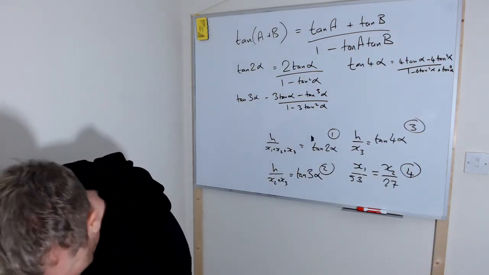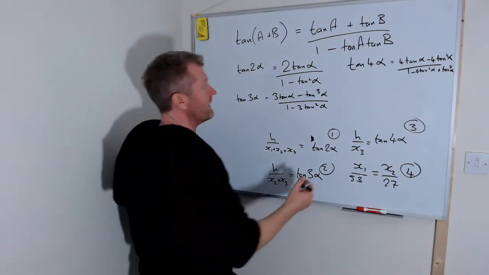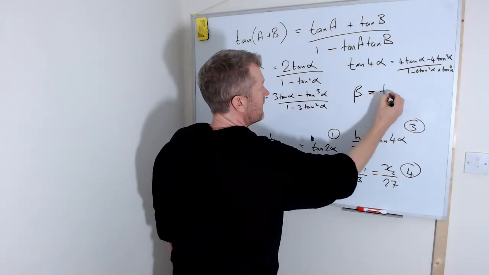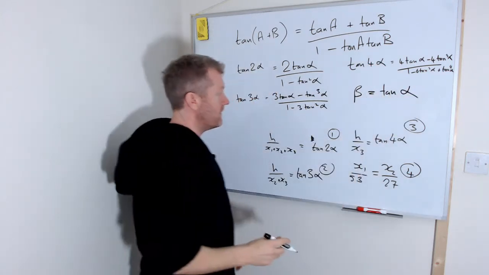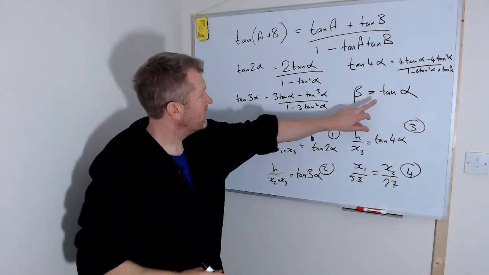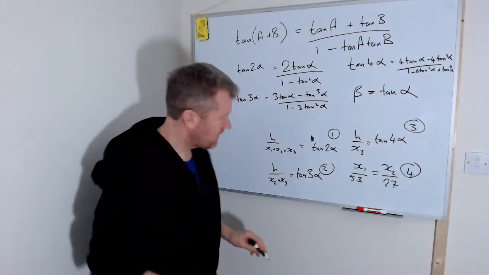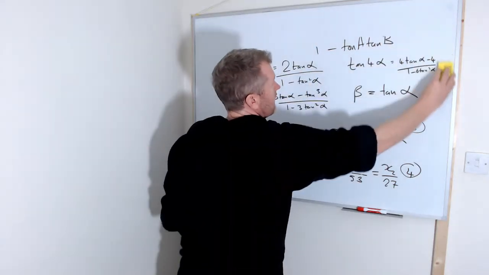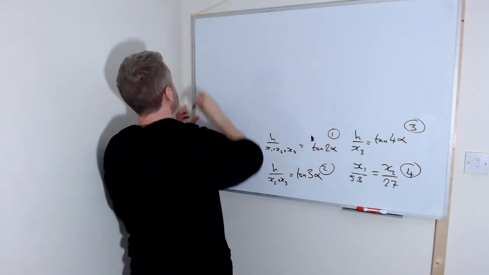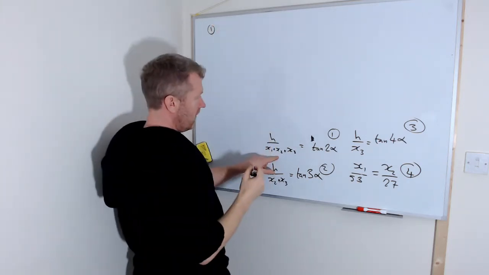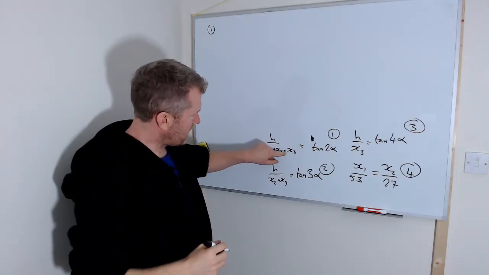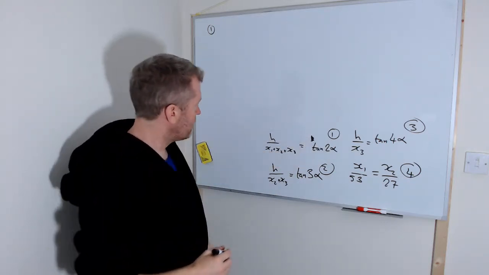So it gets pretty complicated. Rather than keep writing tan alpha out all the time, I'm going to set beta equals tan alpha, just so it's going to be a bit easier. And now I can rewrite all of these equations in terms of tan alphas, i.e. betas, which I will do now up here. Equation 1 is now, and also I'm going to split these up in a minute, so I'm going to take the reciprocal of both sides as well.